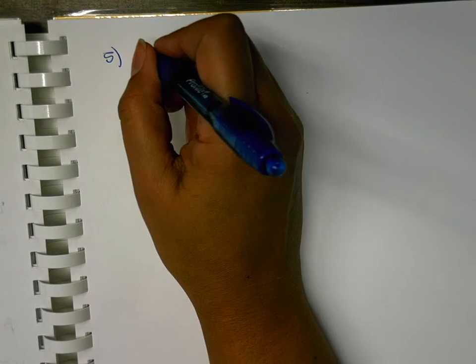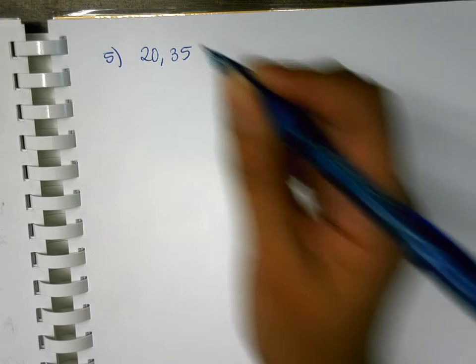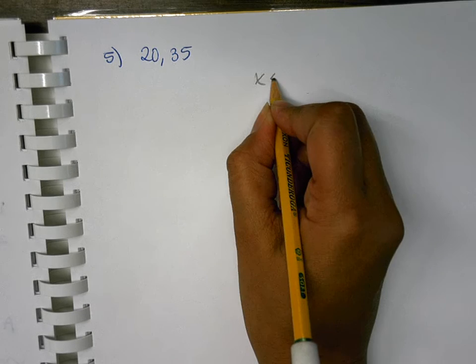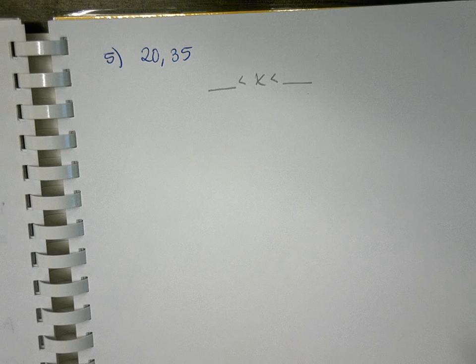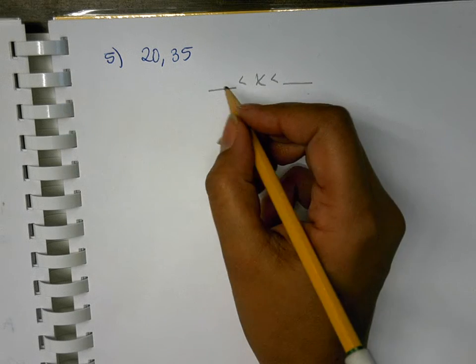Number 5: 20 and 35. What do we do for the first one, add or subtract?